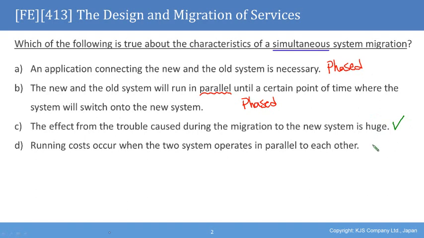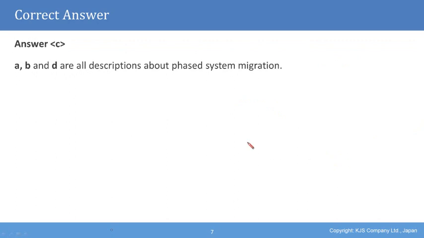Just to complete the picture, let's have a look at option D. Running costs occur when the two systems operate in parallel to each other. And of course, we're talking about parallel operation, so that is again an example of a description about the phased system migration. So, as we saw, the answer is C. And we found that A, B and D are all descriptions about the phased system migration.